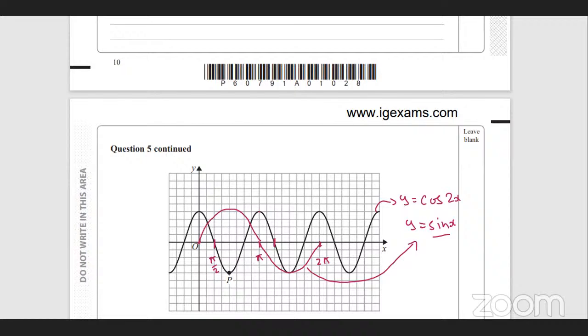So this is 1, 2, and 3. So I have 3 intersections and I repeat, you have to be very, very careful that the black curve is for cos 2x and the pink one is for sine x. So there's a difference in both the angles. So we are done with the second part.